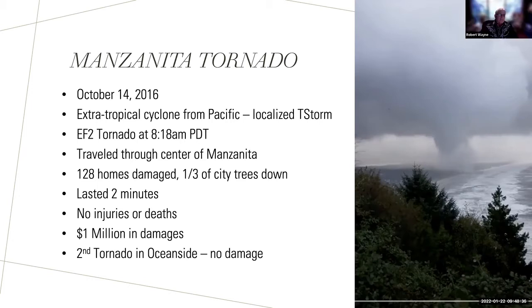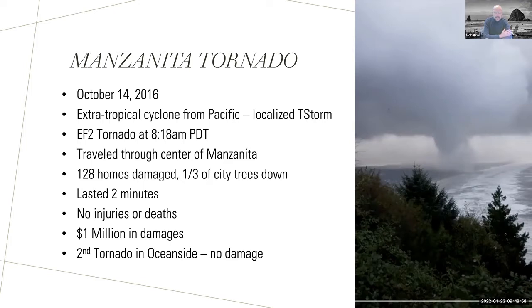It was an EF2 classified tornado that first touched down at 8:18 in the morning. Actually, as I recall, it began as a waterspout, meaning it originated over the ocean, not over land. And when it reaches land, then it changes names to a tornado.